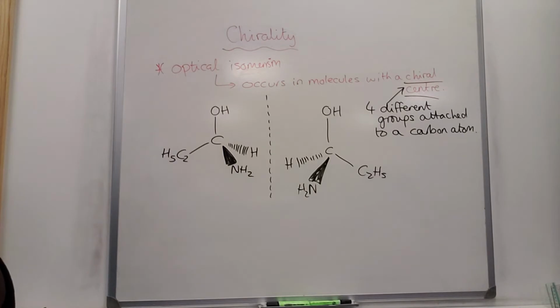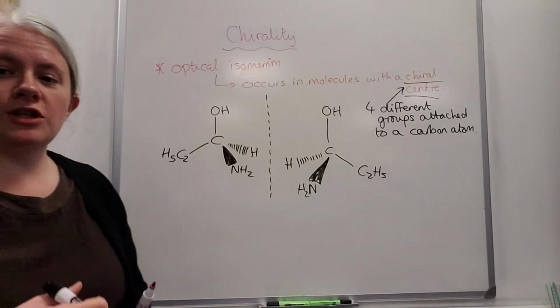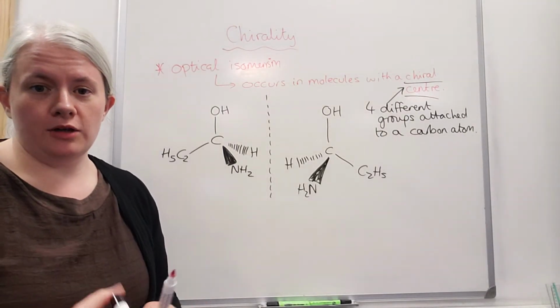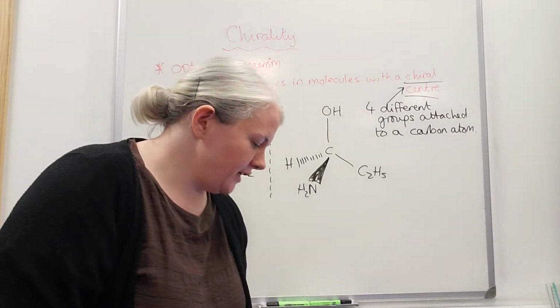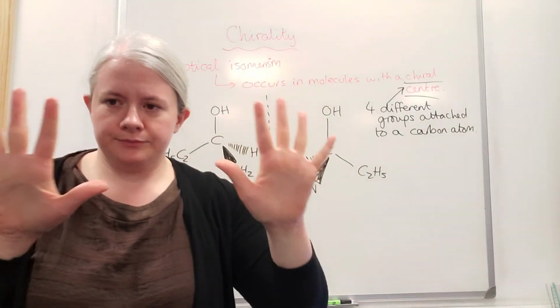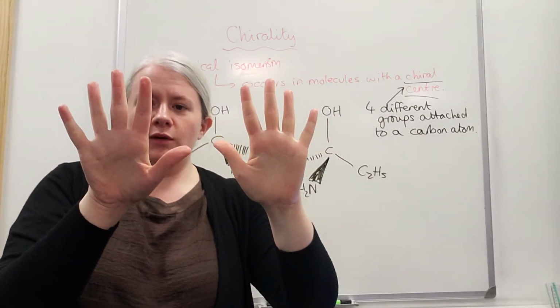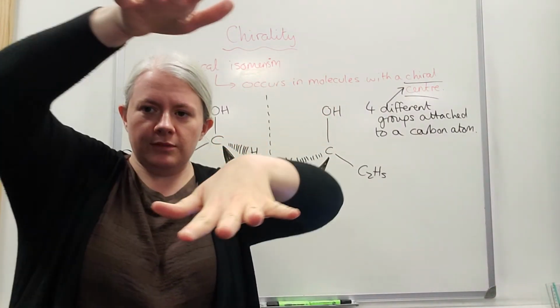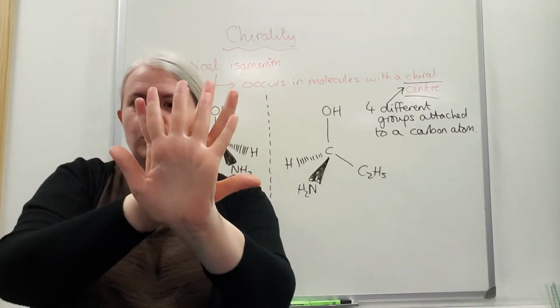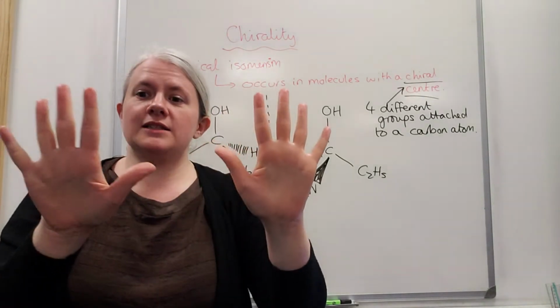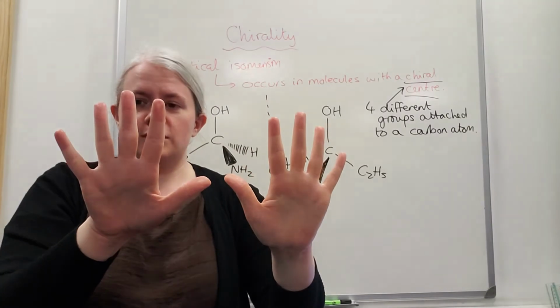These are mirror structures. They're referred to as non-superimposable. So one way to think about it is like a hand. These would be mirror images of each other. However, if we tried to put them on top of each other, they wouldn't match. So that's what we mean by non-superimposable.